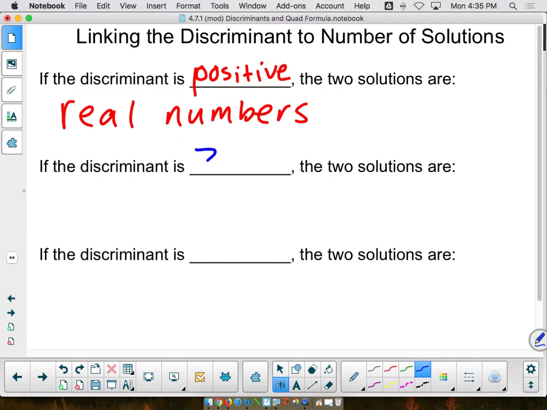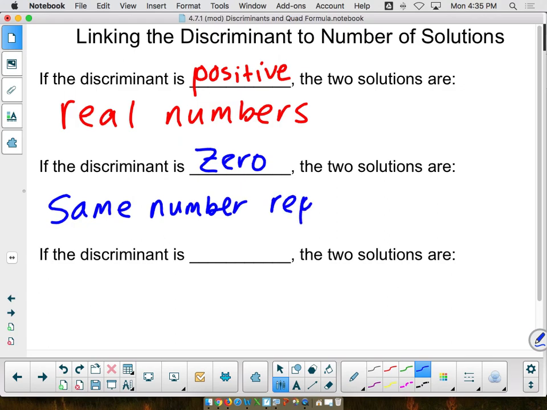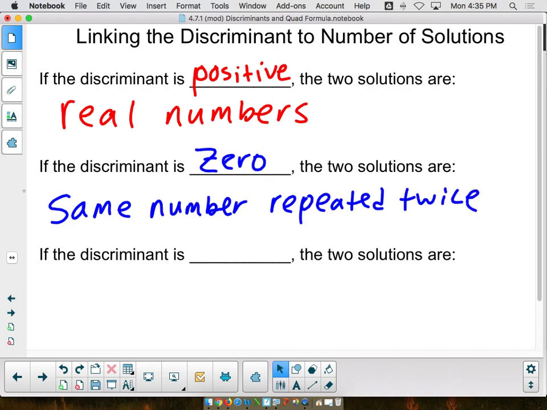If the discriminant is 0, which does happen from time to time, the two solutions are actually going to be the same number repeated twice. What that means is, if you have a discriminant of 0, your two solutions might be positive 3 and positive 3 again.